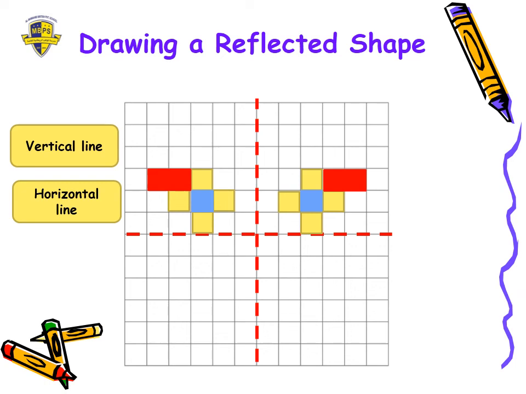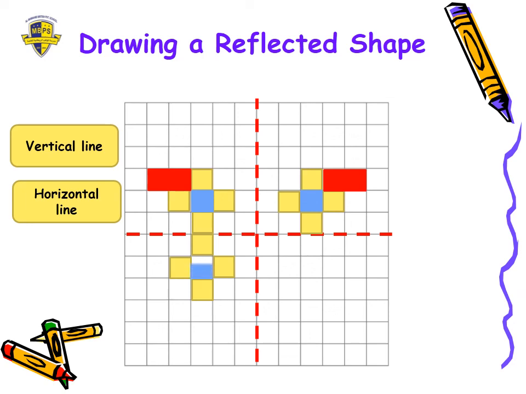Now we want to reflect it horizontally. So we will now look at the sleeping line. We will work up and down. Okay? Let's start. Here this is up and we draw it the same down.